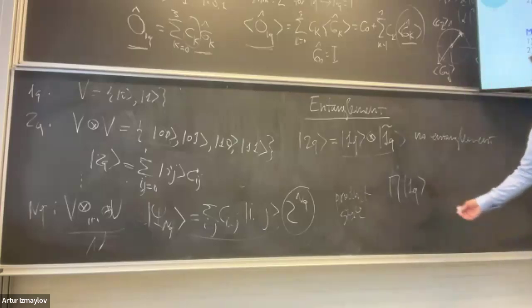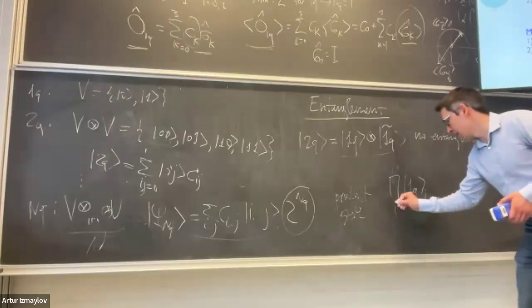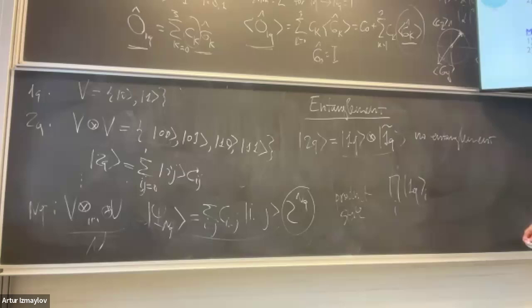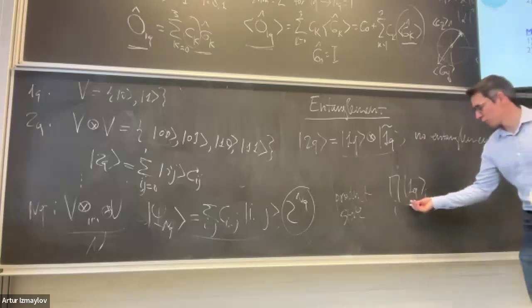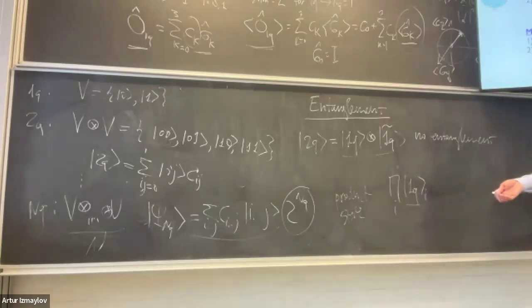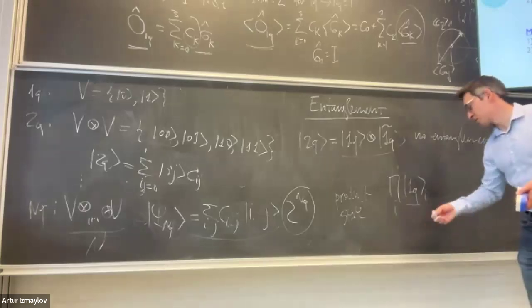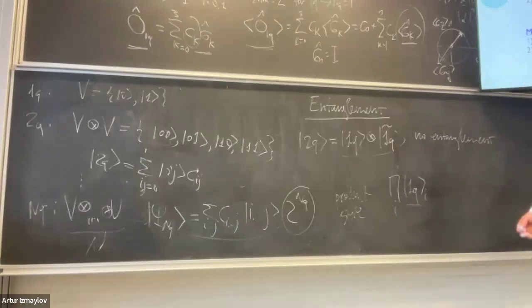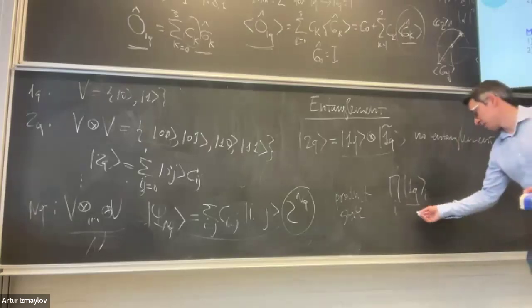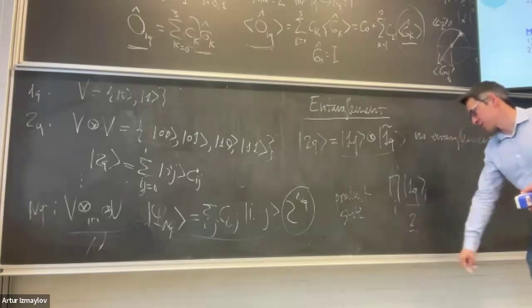For each of these 1 qubit states, the amount of information we have is just 2 coefficients, right? 2 complex numbers plus the normalization, and then you remove the overall phase, and that leaves us 2 parameters essentially.